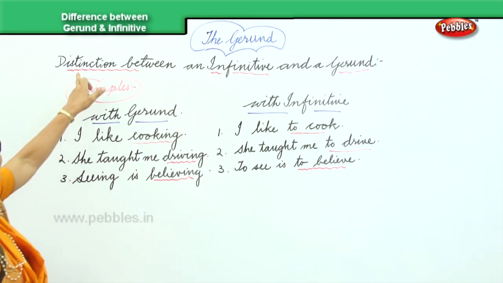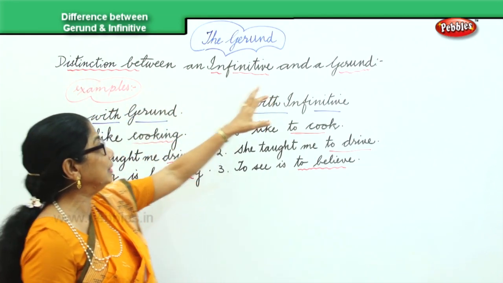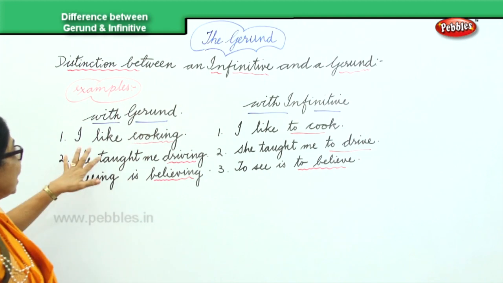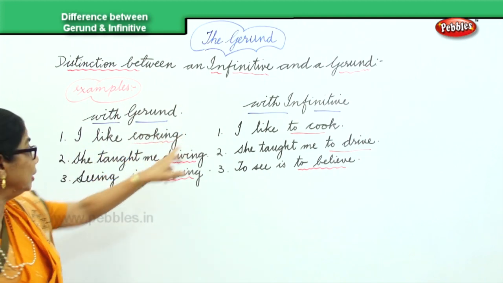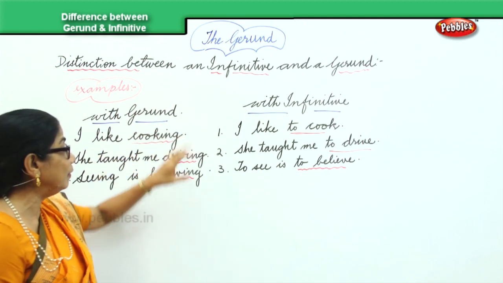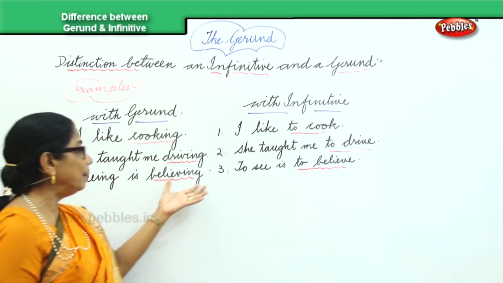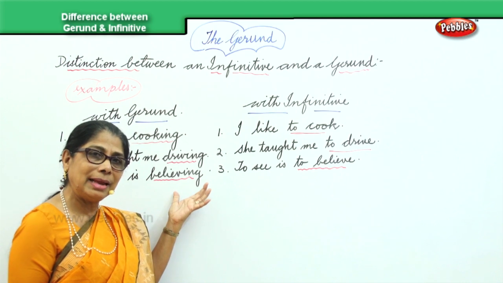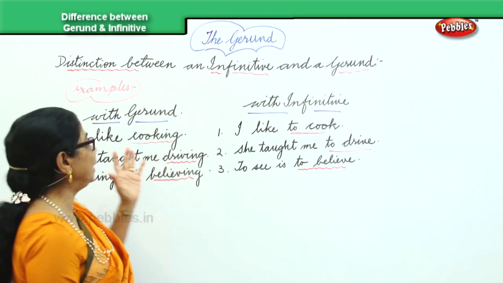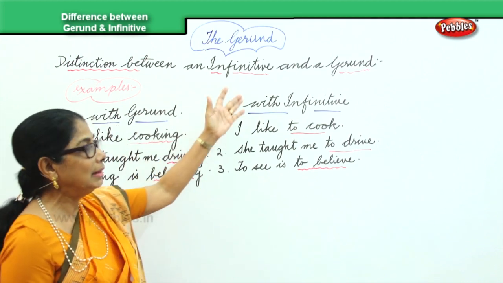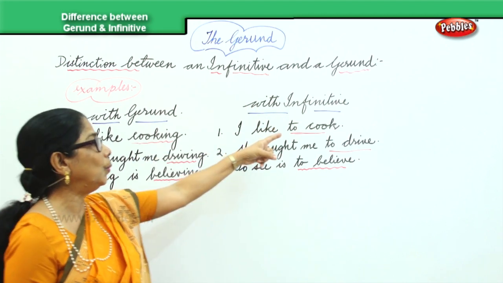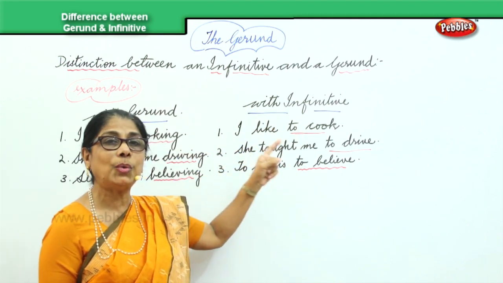Here are examples of the distinction between the infinitive and gerund. In the gerund, you say, I like cooking. She taught me driving, and the verb ends in ing. Seeing is believing, it ends in ing. The same thing, I like cooking, but in the infinitive, for the verb, instead of ing, you add to.